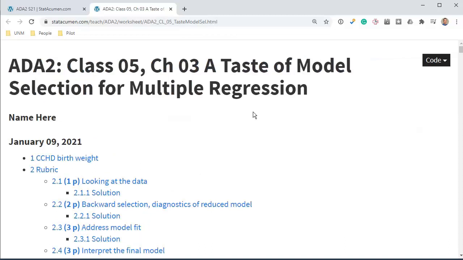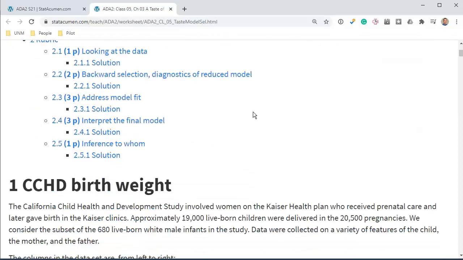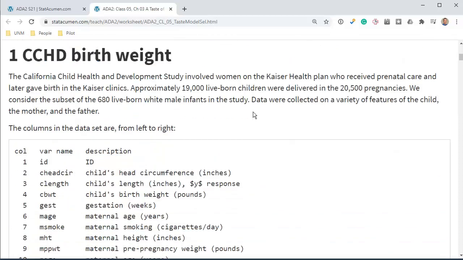All right, so we have data from the California Child Health and Development Study. It's a fairly old study. It involved women on the Kaiser Health Plan who received prenatal care and later gave birth in the Kaiser clinics.